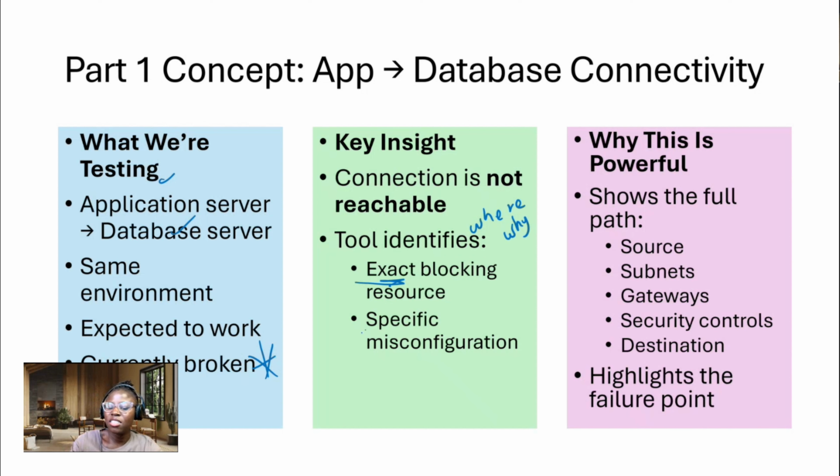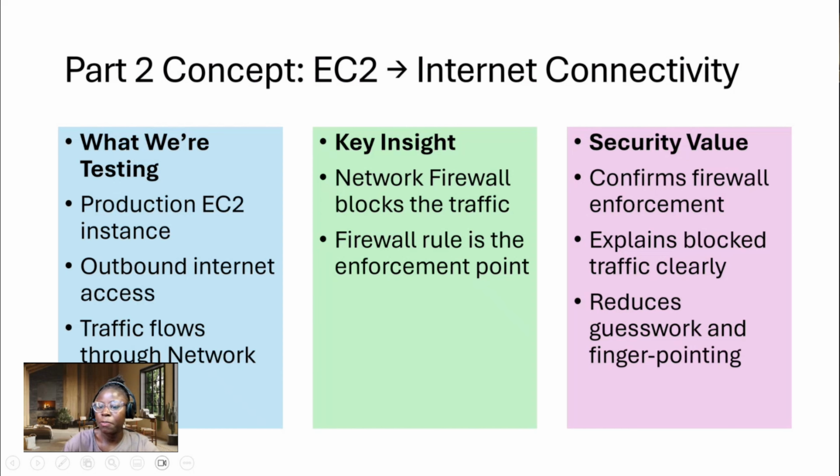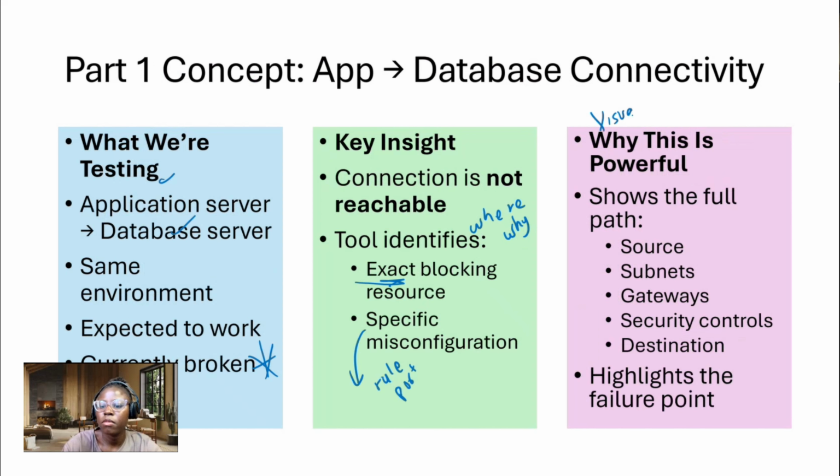Majority of the time it's just missing configuration, okay? Maybe a missing rule, or we just have an incorrect port. So with the reachability analyzer, we are going to get a visual path, which removes this ambiguity where we don't know exactly where the packet stopped.